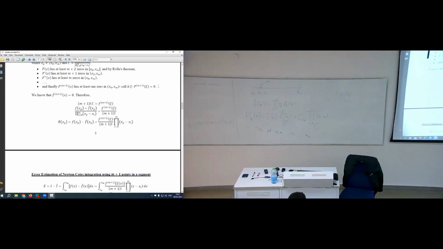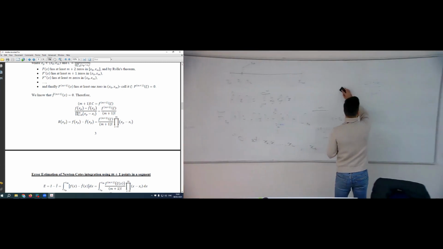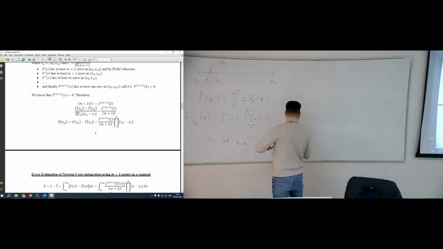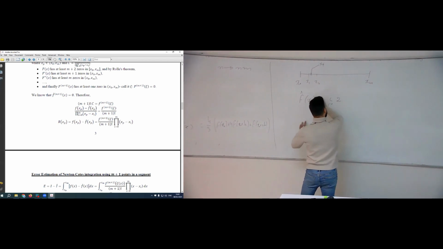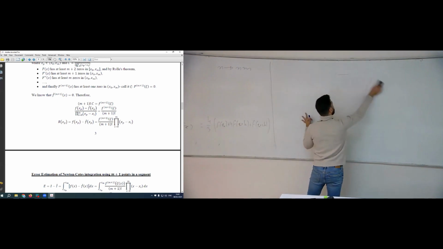And now I will try to use the mean value theorem for integrals, which states the following.